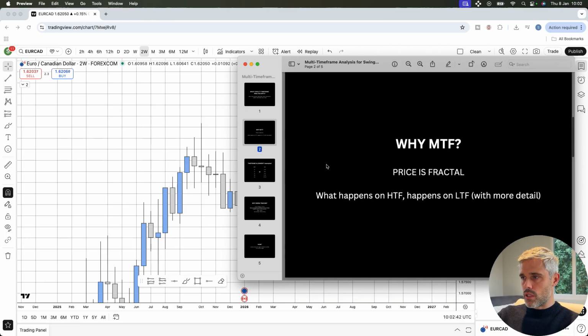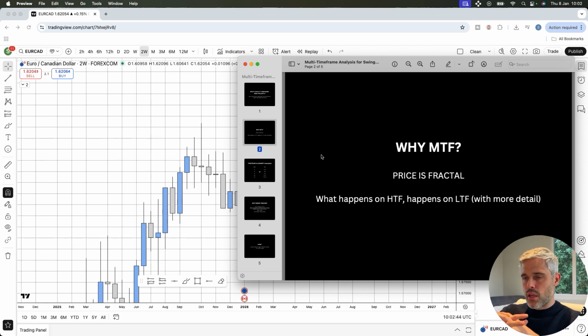Why multi-time frame analysis? Price is fractal. On a chart, on any financial asset, price is price. What happens on the 1 minute is happening on the 5 minute, the 30 minute, 6 hour, daily, etc. However, what you're looking at when you look at a candlestick chart is how price printed for a specific time period.